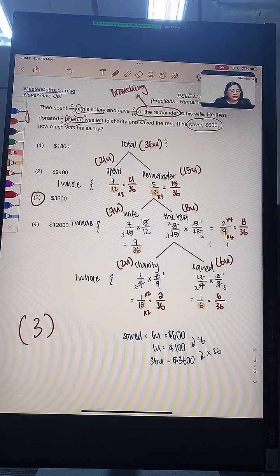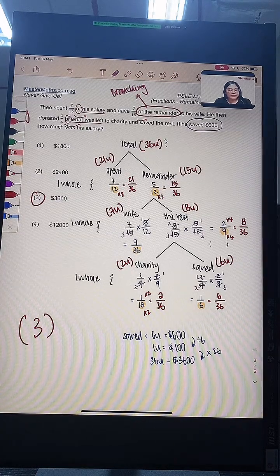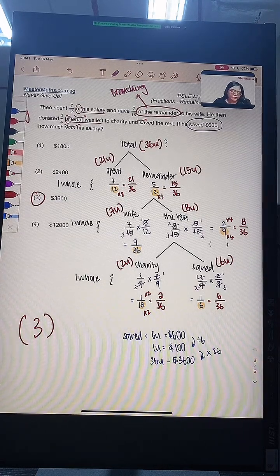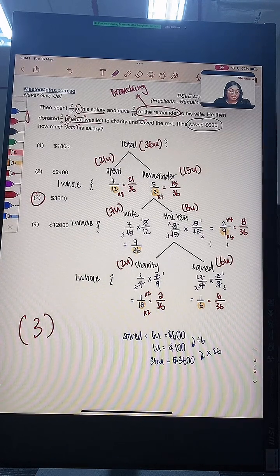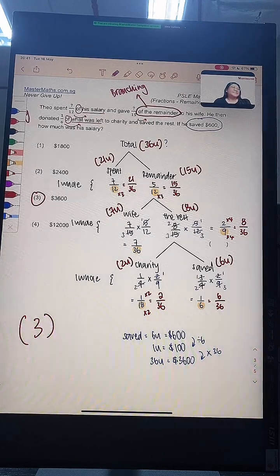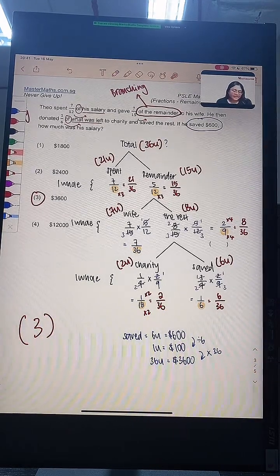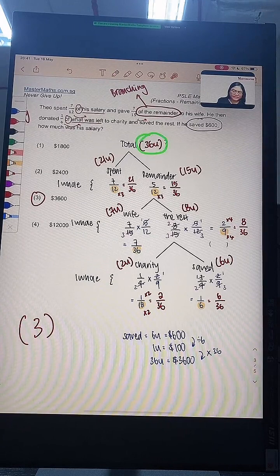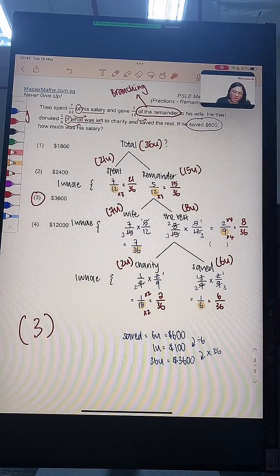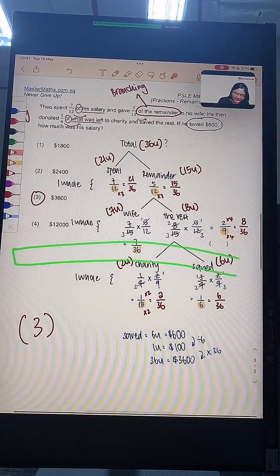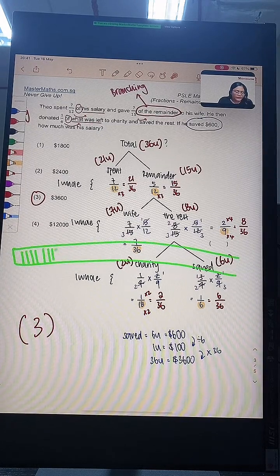Now, what I want to talk about is basically the other method. I see a lot of you typing. What is the other method that you can use? Indeed, some of you have mentioned we can use the model method. But ask yourself, class, 36 units. Imagine how long you must draw 36 units. Oh my goodness.